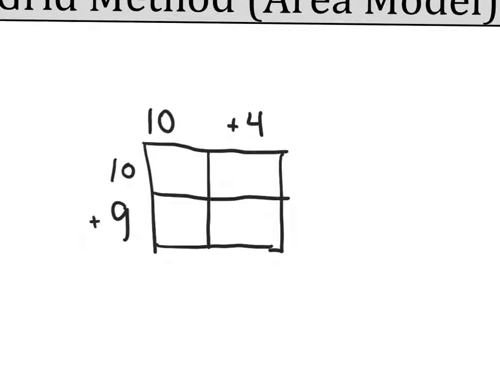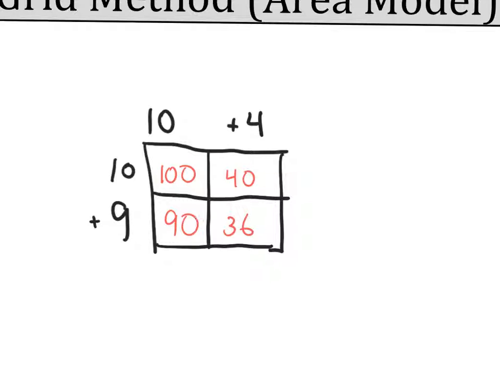Now we ask ourselves the exact same question that we did before. 10 times 10 is 100, so we write 100 inside there. Now, 10 times 9, we write inside this box, so I put a 90 there. This 10 times this 4, I'm going to write inside there to get a 40. And lastly, the 9 times the 4 is the 36.